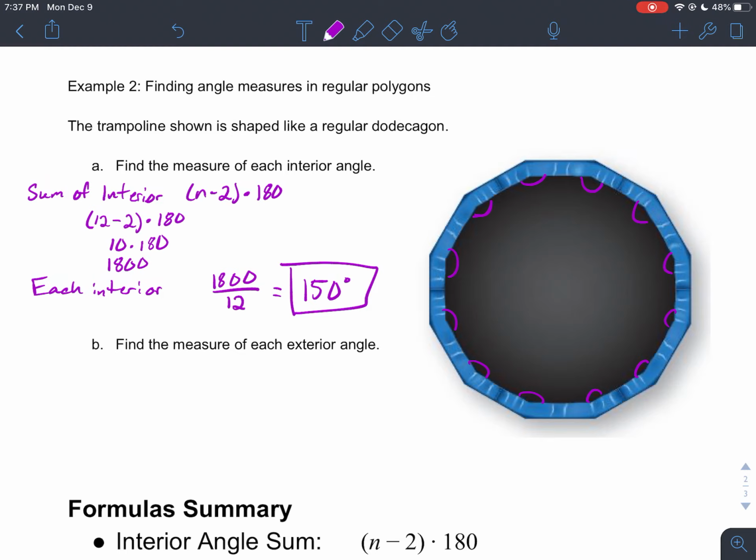You could do that as 12 minus 2 times 180 divided by 12, which, order of operations, is going to be the same thing. You're going to do the stuff on top and the stuff in parentheses first. So 12 minus 2 is 10. 10 times 180, and then 1800 divided by 12. So same thing. Each of those angles measures 150 degrees. Okay?